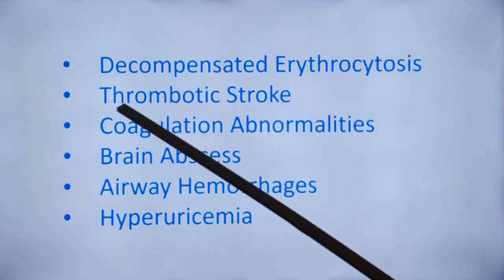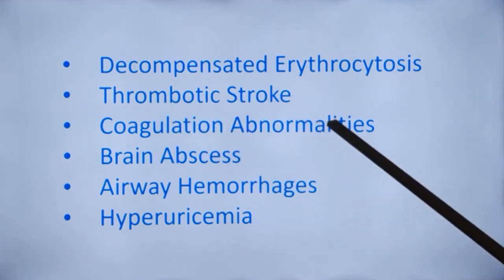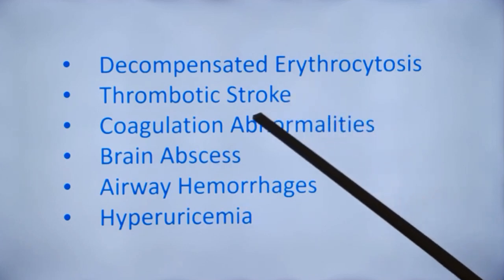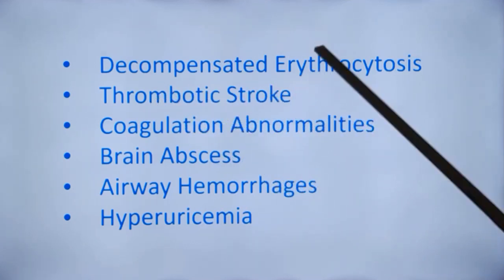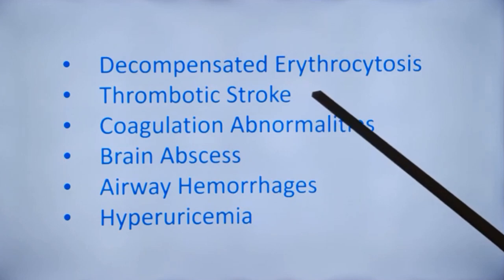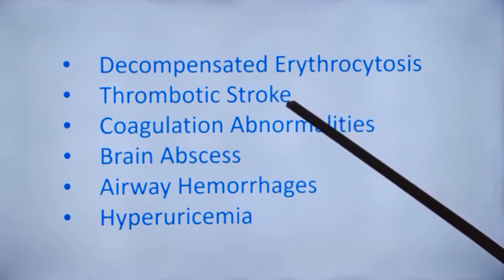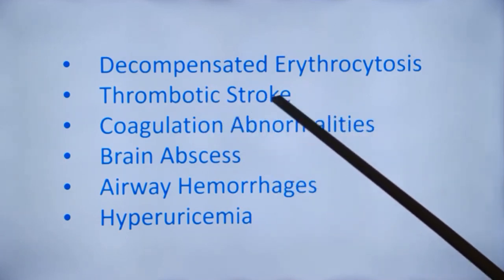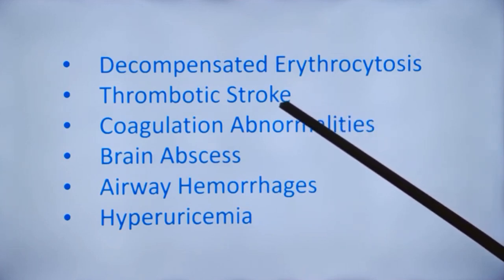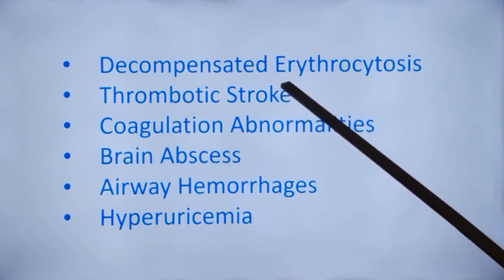And thrombotic strokes are also an important complication due to hyperviscosity, and they are more likely to occur if there is iron deficiency. So one has to be very careful about avoiding iron deficiency in those with Eisenmenger syndrome. For thrombotic stroke prevention, in that case also, avoiding iron deficiency is important.